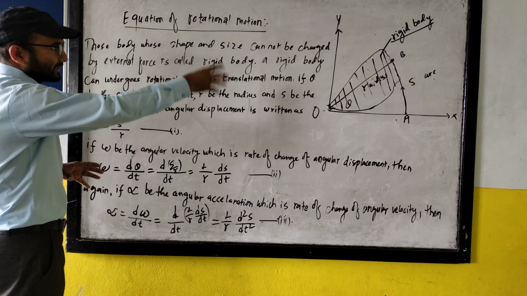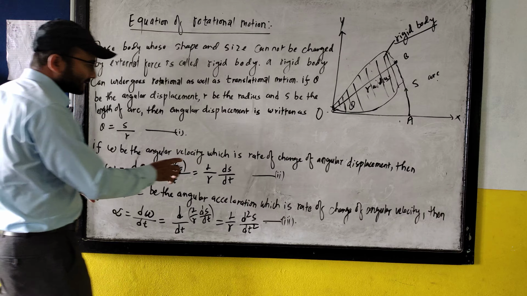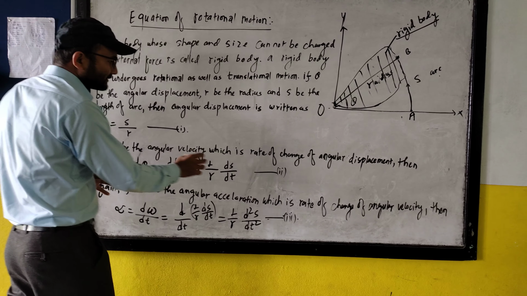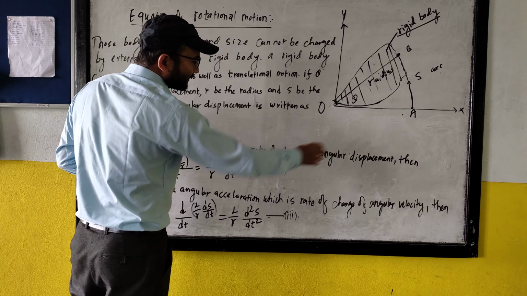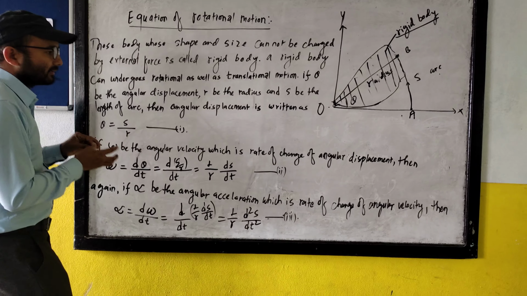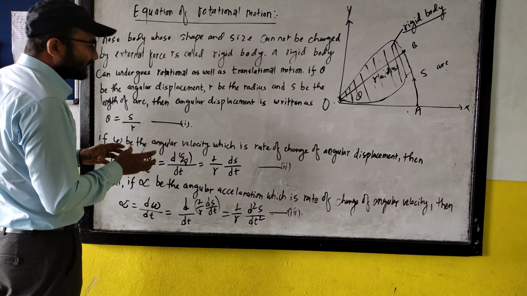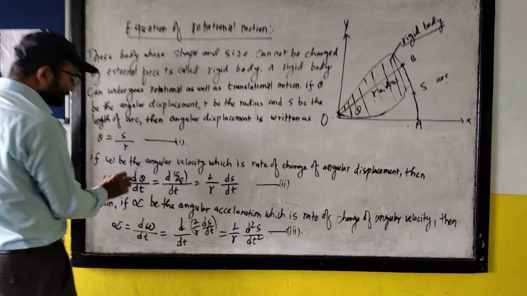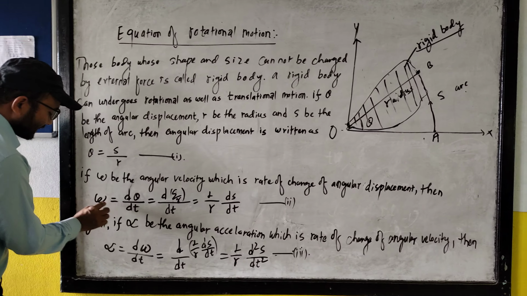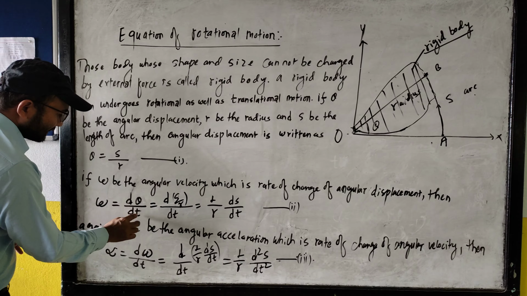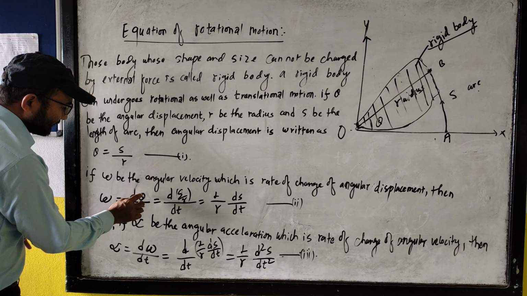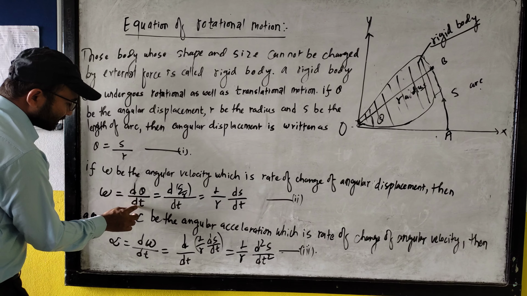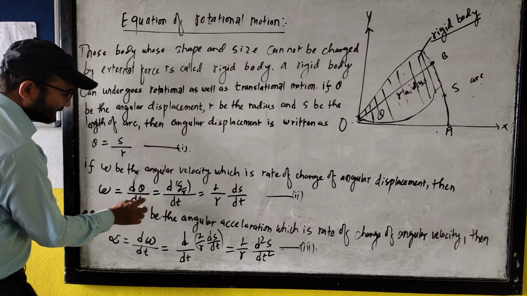Again, if omega is the angular velocity, how much angular velocity does that rigid body which is revolving have? Angular velocity is the rate of change of angular displacement. That means per unit time how much change in angular displacement, which we call omega equal to d theta by dt, the derivative of theta with respect to time.